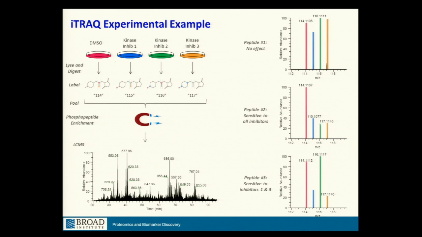Now we can do a more comprehensive experiment where we can measure alongside the phosphoproteome the global proteome. And if we are lucky enough to be able to observe a phosphopeptide and the non-phosphorylated version of that peptide and a third peptide from that same protein across multiple conditions, then we can actually infer the stoichiometry of that site.